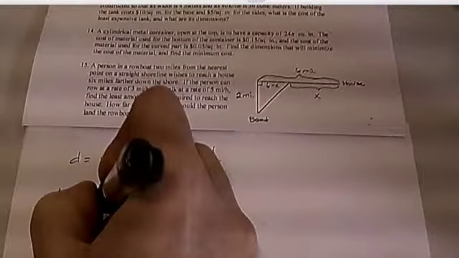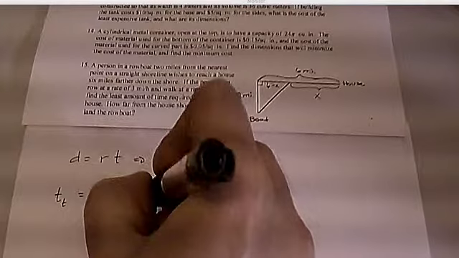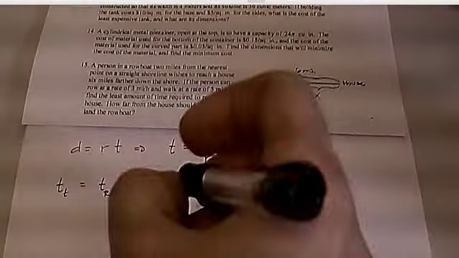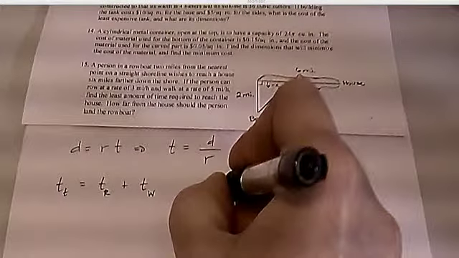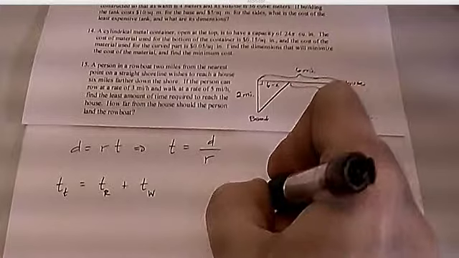So I know that the total time is going to be equal to the time in the rowboat plus the time walking. Well, let's find the rowboat part first because that's a little more difficult. I know that 2 squared plus (6 minus x) squared is equal to the distance rowed.